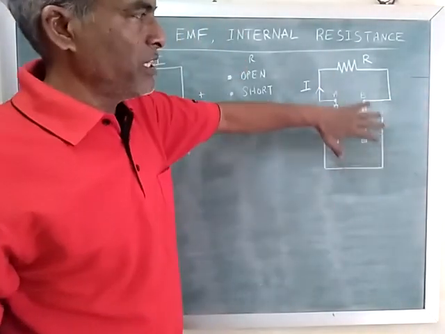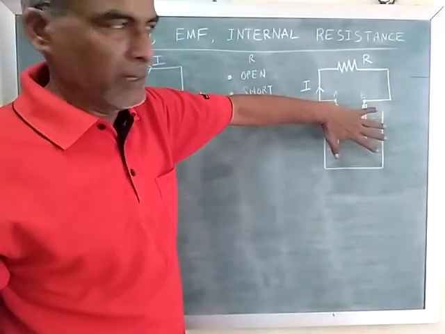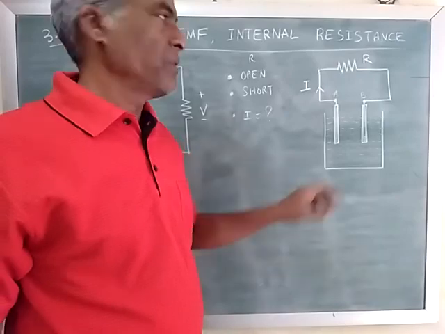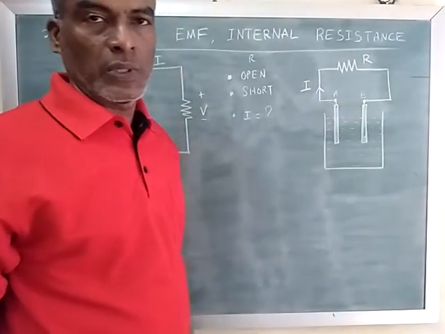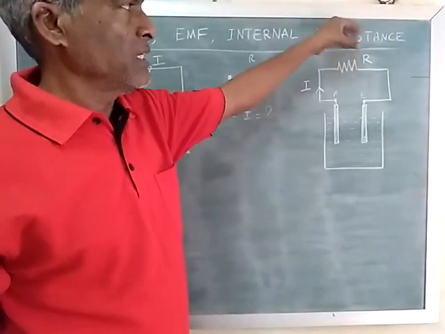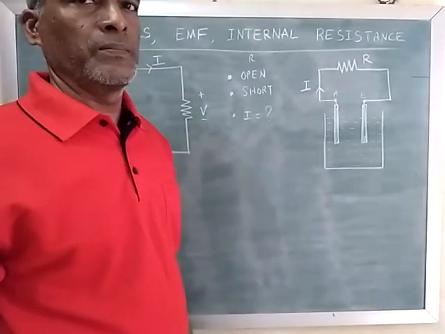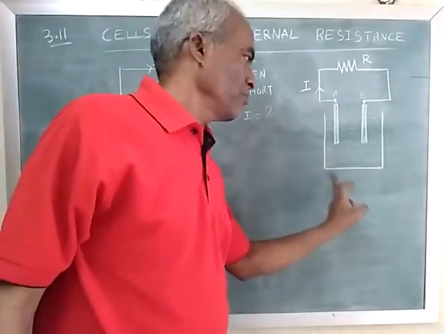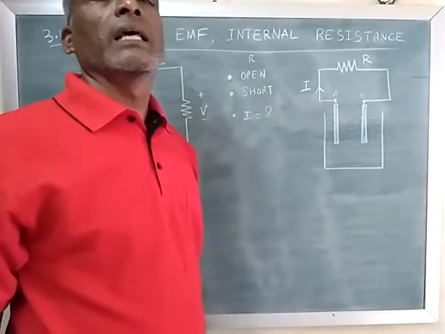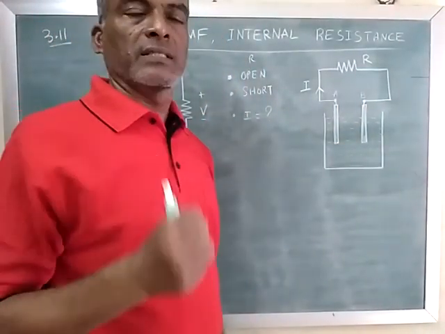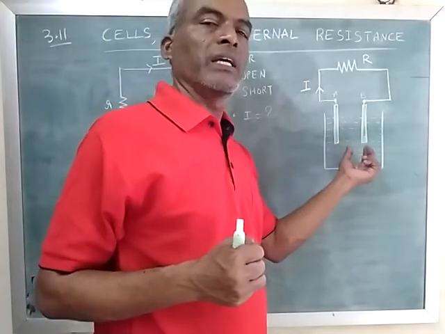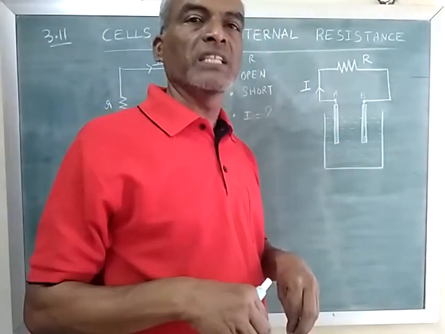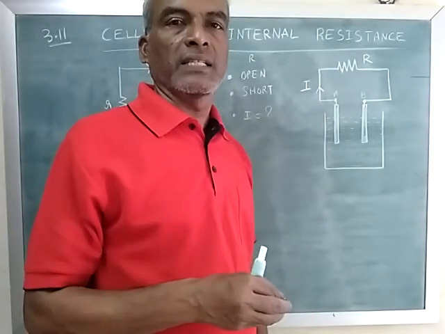That means a voltage produced by the cell loses some voltage because of these 2 electrodes and electrolyte. Remaining voltage only is supplied to the external world. So we can say between A and B, this cell will have a resistance. It produces a voltage, it has a resistance, therefore some voltage is dropped in that resistance.